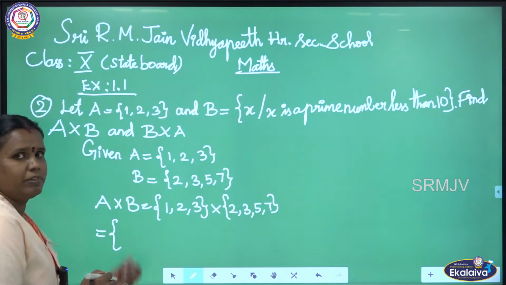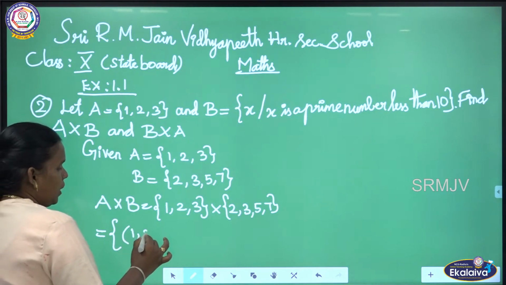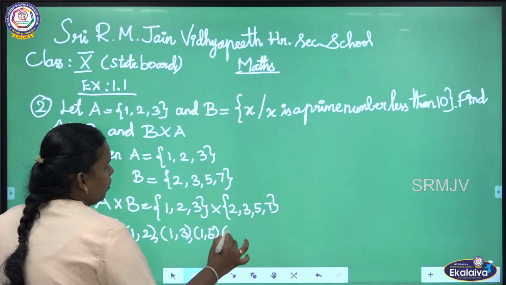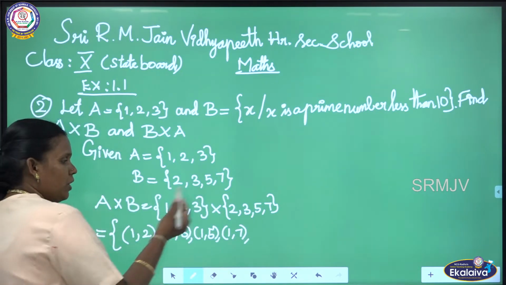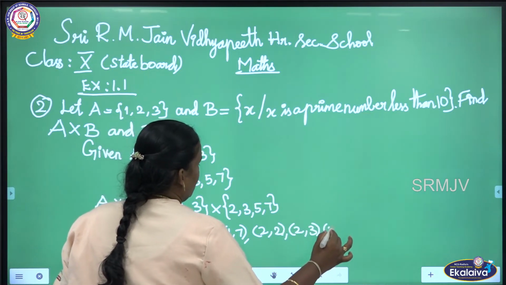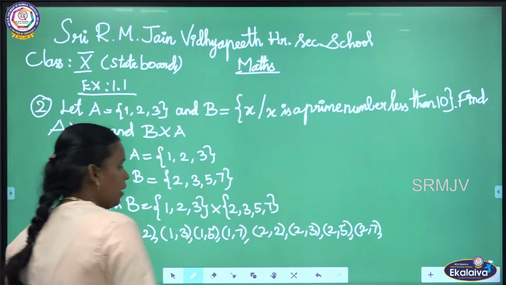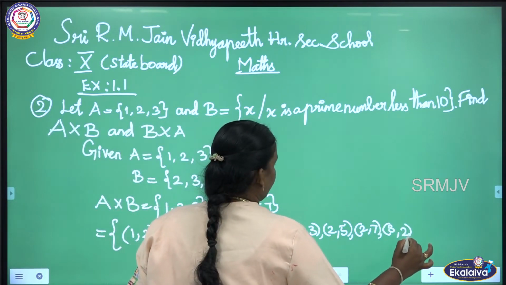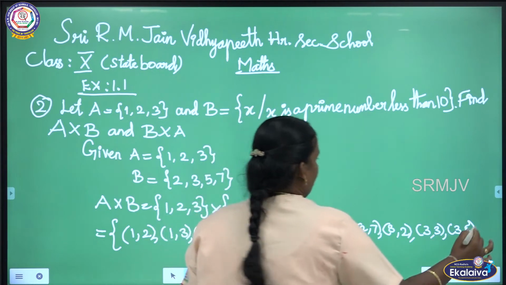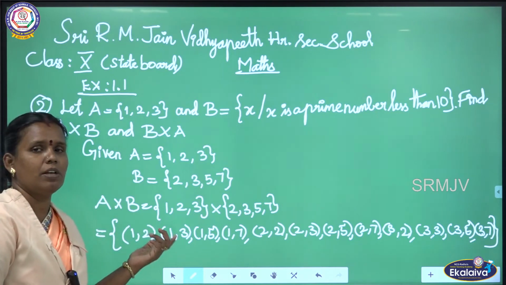Cross product, as I already explained: the first element of the first set with each and every element of the second set, making pairs: (1,2), (1,3), (1,5), (1,7). Then the second element with each element of the second set: (2,2), (2,3), (2,5), (2,7). Then the third element: (3,2), (3,3), (3,5), (3,7). So A cross B is completed.